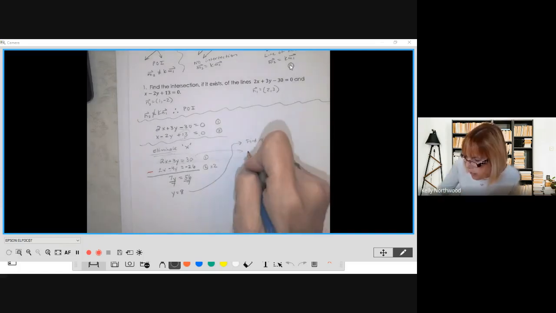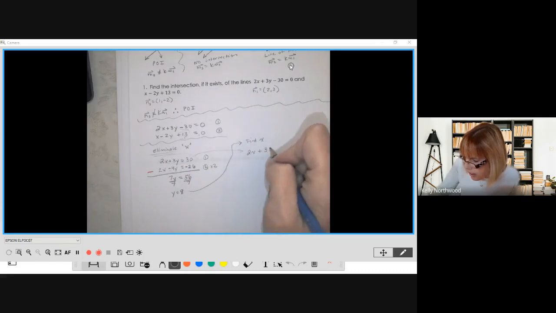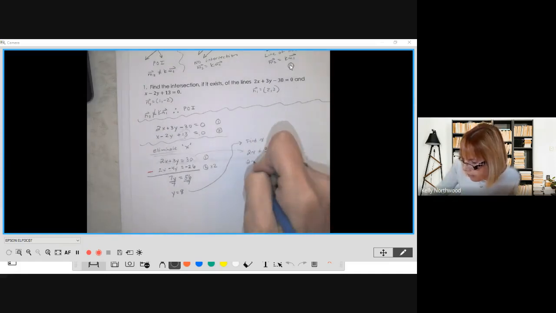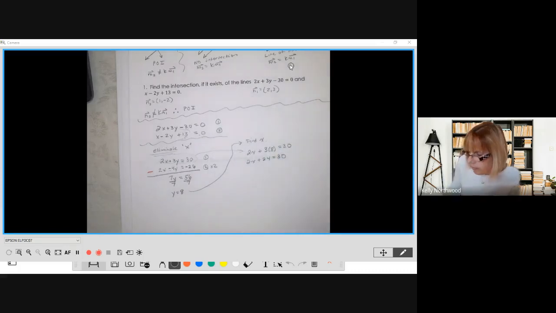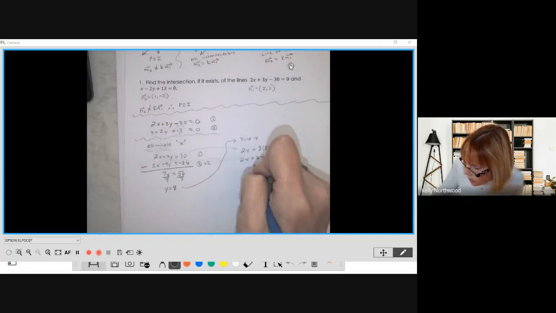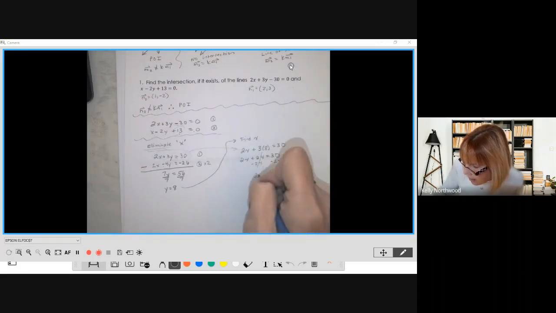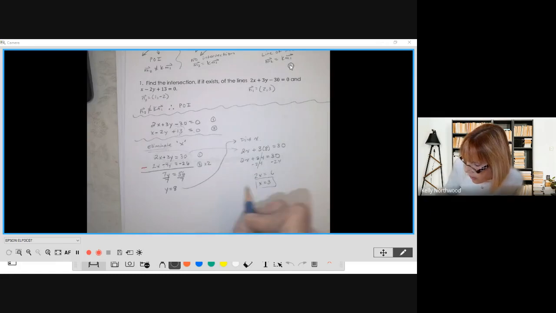So I'm going to keep my 2x, replace y with 8. So I still want to get x by itself, so I'm going to subtract 24 on both sides. And I get x is 3 if I divide both sides by 2.